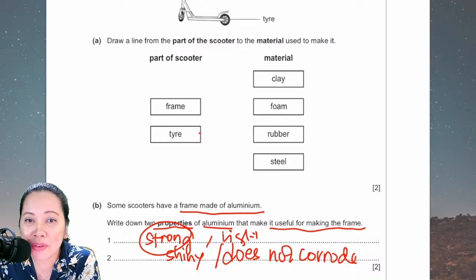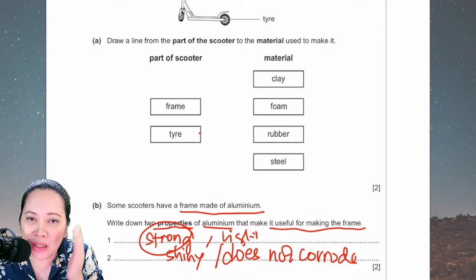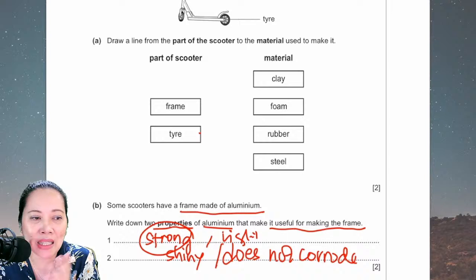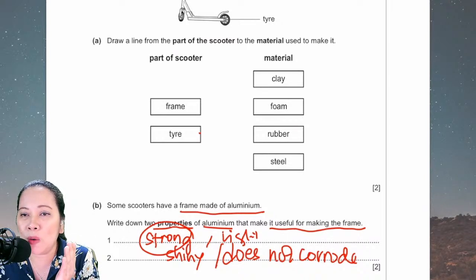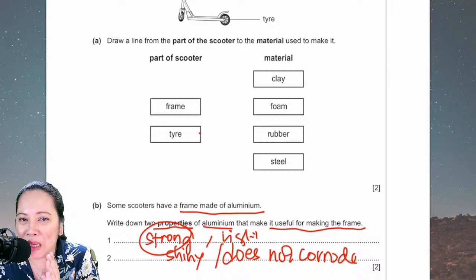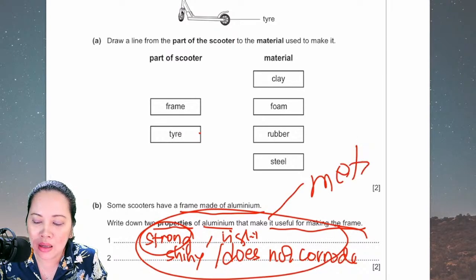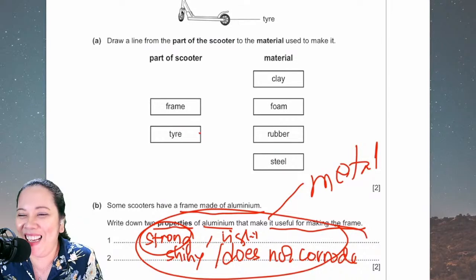Remember, the elements are grouped into three different families: your non-metals, metals, and your metalloids. Aluminum is under metals, and these properties are properties of a metal.